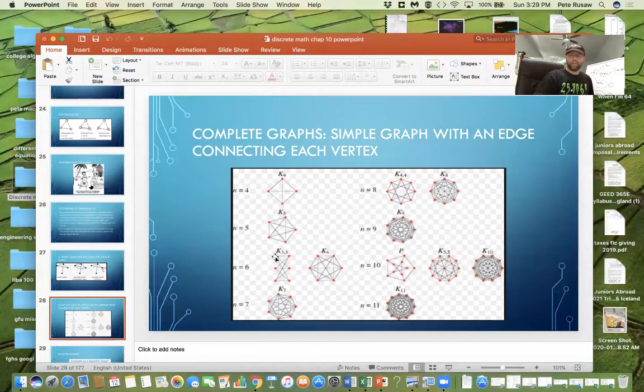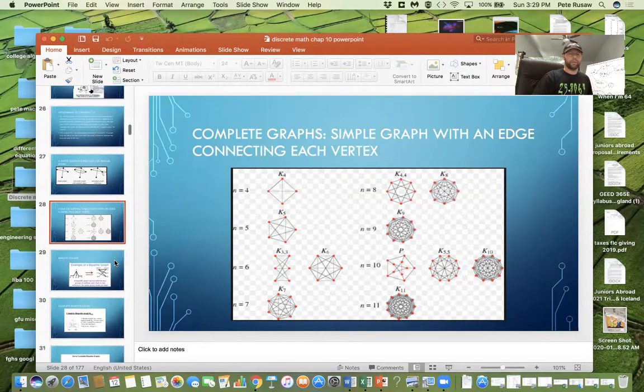I'll show you an example of that in a minute. But regular K6 looks like this. K7, you can see we can get some really interesting pictures. And in the realm of graph theory, if you make things symmetric especially, you can get some really neat art and some really neat design. So not a big part of the chapter, but a little bit, and interesting, I think.